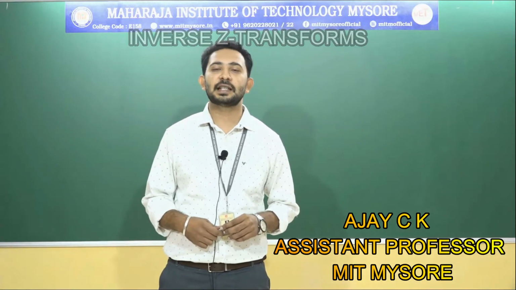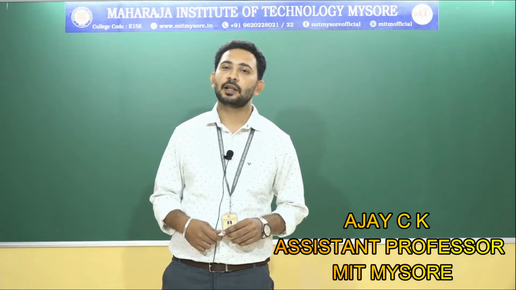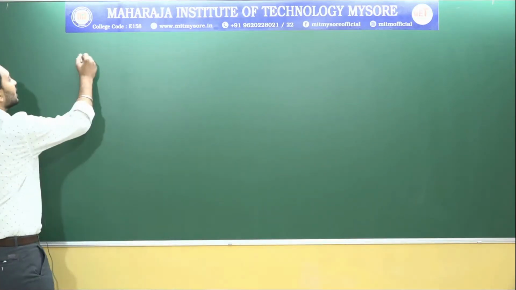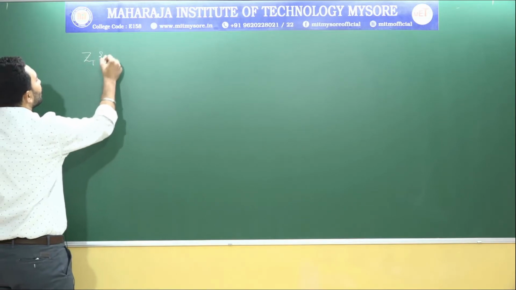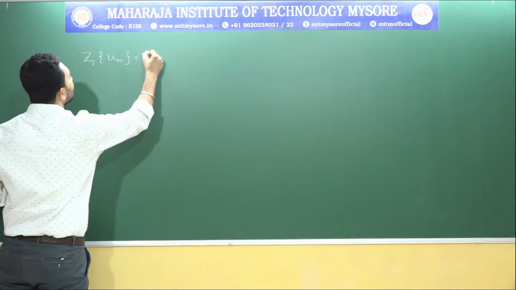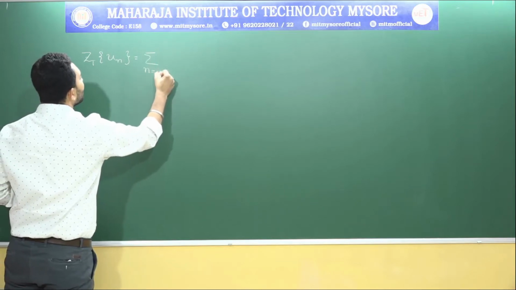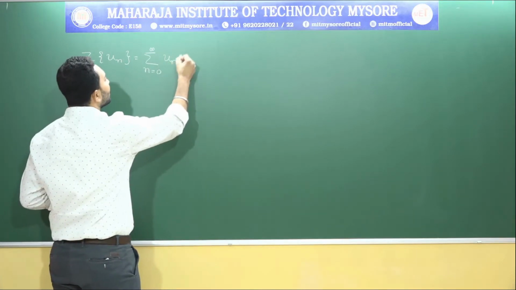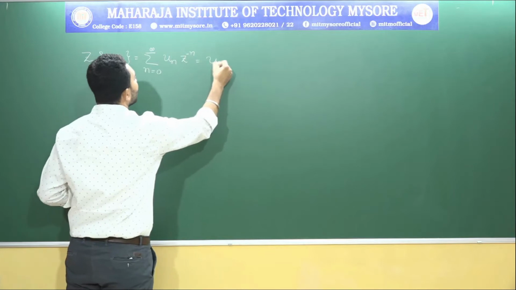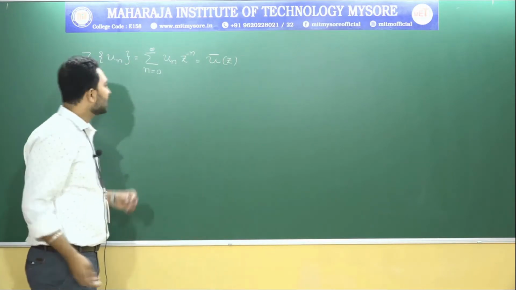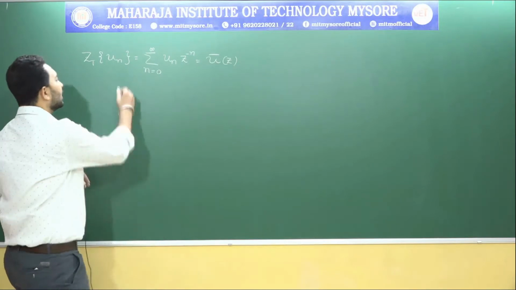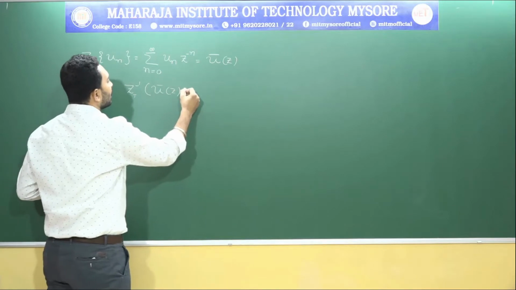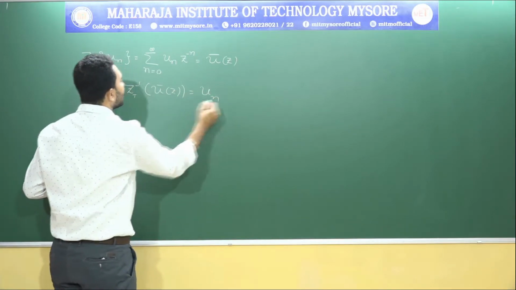Then what is inverse Z transformation? We know the definition of Z transformation. The Z transformation of Un equals summation n equals 0 to infinity Un into Z power minus n equals U bar Z. So take this Z transformation to the right side, that is Z inverse of U bar Z equals Un.